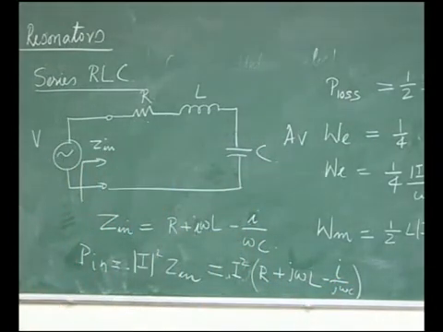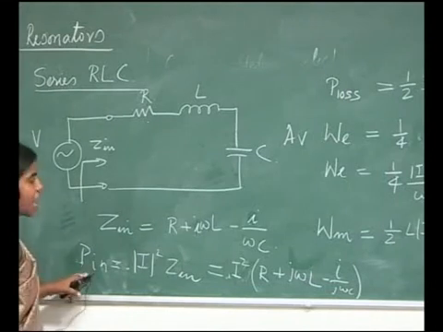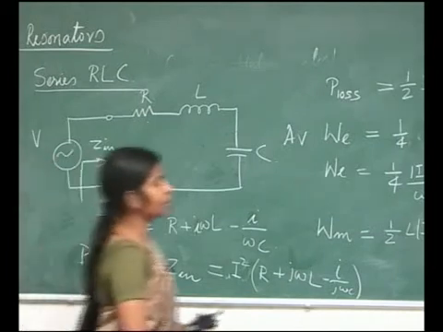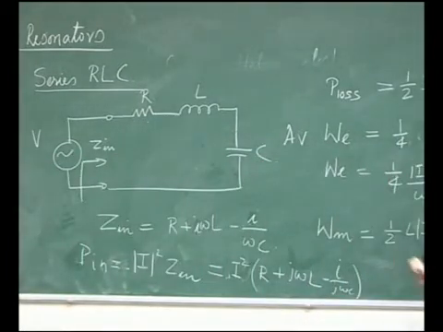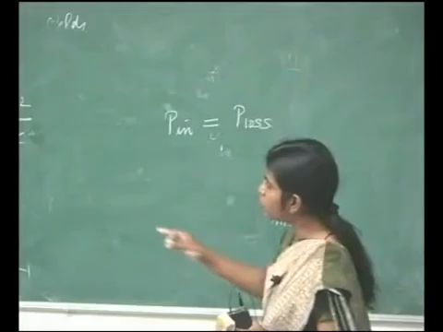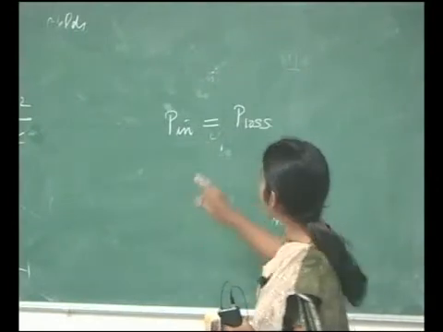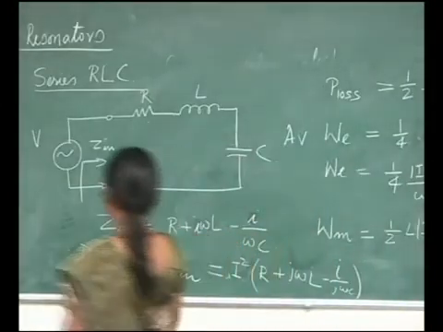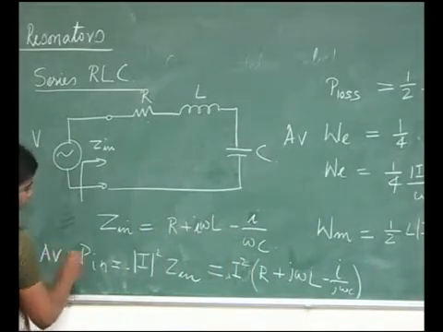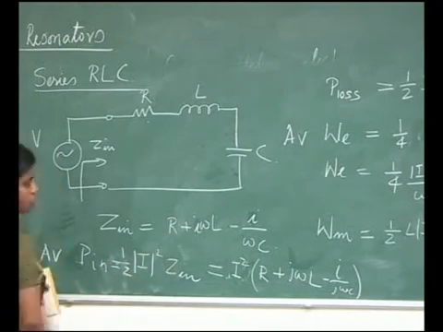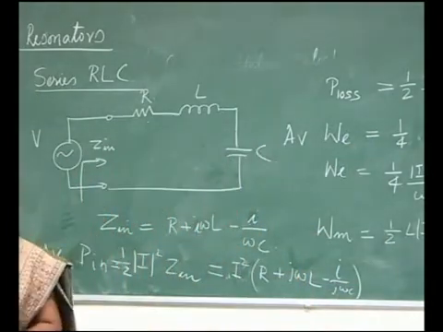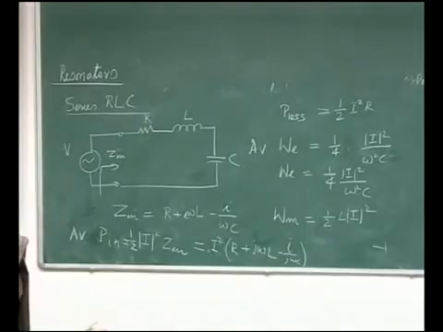Okay. So now I will say that average power given to this circuit per cycle would be divided by 2. Average power given to this circuit per cycle will be 1 by 2 I square into R. P loss is also half I squared R. We are always considering average power because I know it is an alternating cycle.